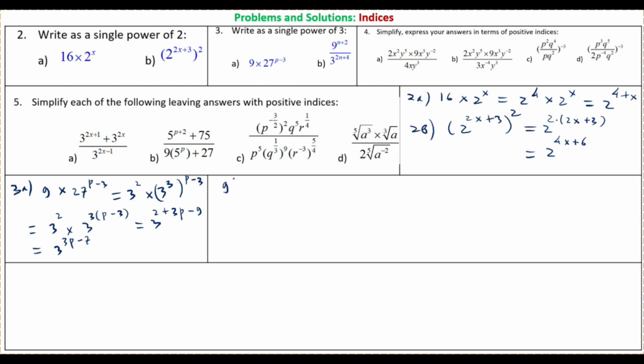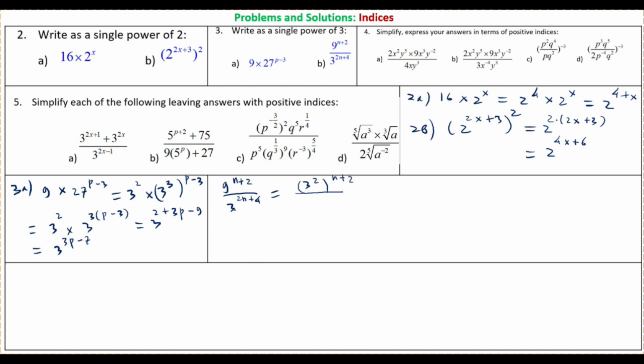9 to the power of n plus 2 divided by 3 to the power of 2n plus 4. So we want to express 9 as 3 squared. So 3 squared and then to the power of n plus 2.